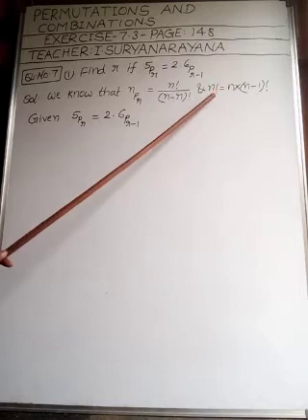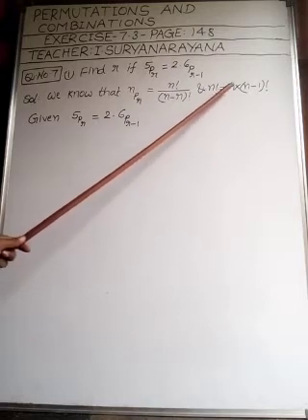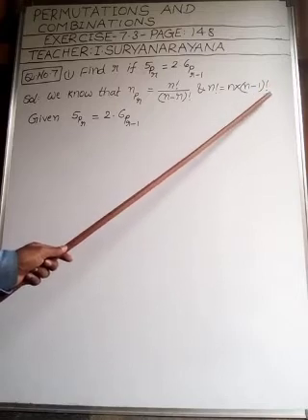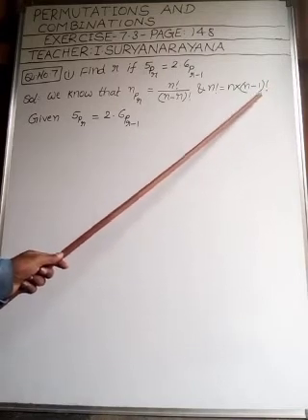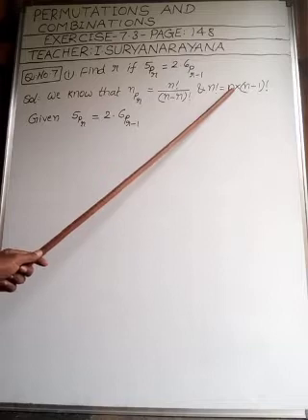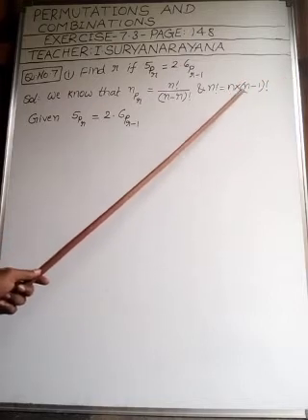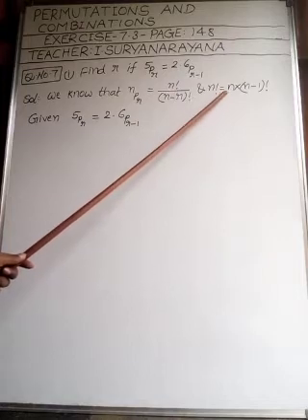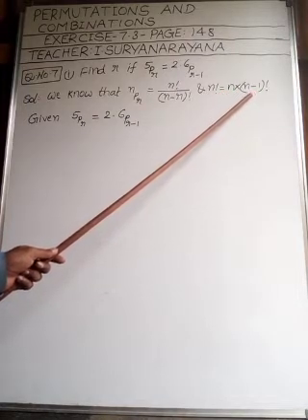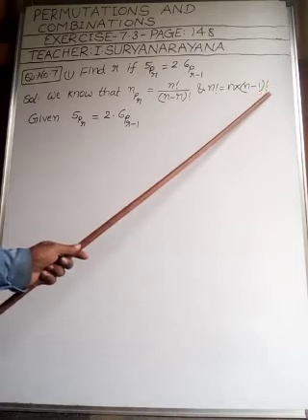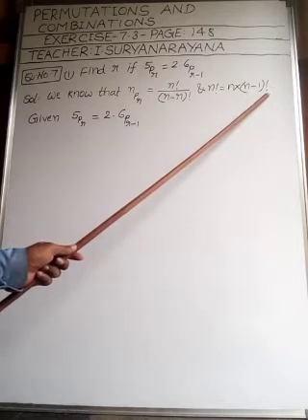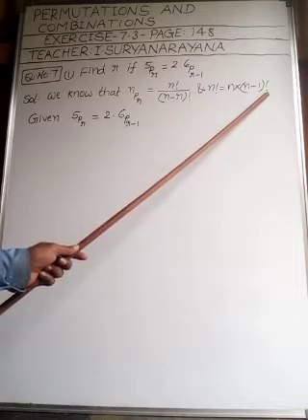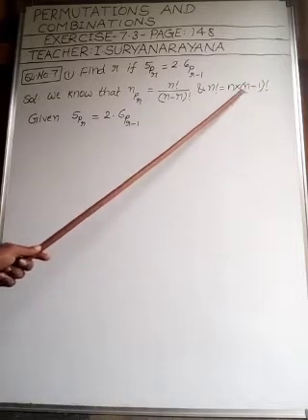Actually, what is meant by n factorial? n into (n minus 1) into (n minus 2) into (n minus 3) and so on, like 5 into 4 into 3 into 2 into 1, starting from this number down to 1. Yes or no, my children? But if you don't want the full expansion, we write only up to some factors, and after that immediately we keep the factorial notation. We stop at that factor and immediately write the factorial notation. Understood this point, my children?